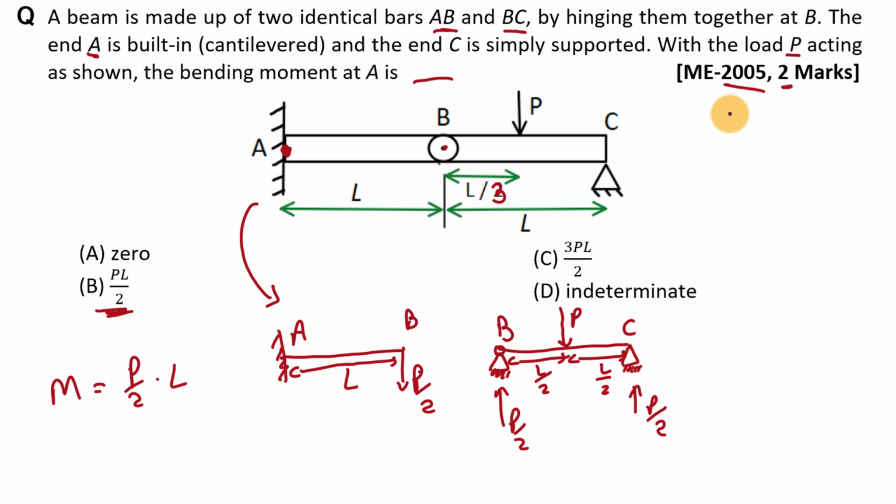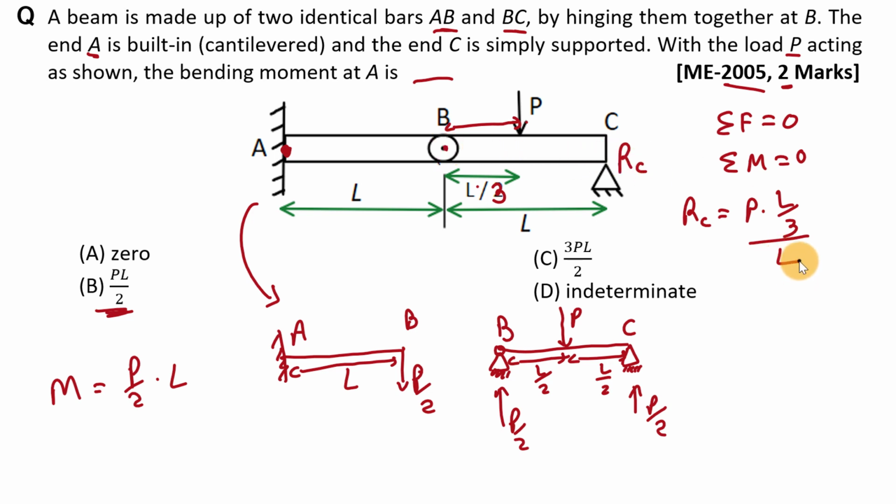For that, we have to use two equations, sigma F is equal to 0 and sigma M is equal to 0. Or you can directly use one shortcut, that if this load is acting at L by 3 distance from this end, then reaction at point C is equal to this P load into opposite distance, means distance between this load and opposite end, that is L by 3, divided by total distance between B and C, that is L. So it is P by 3.